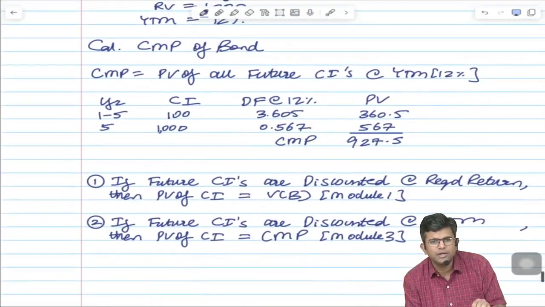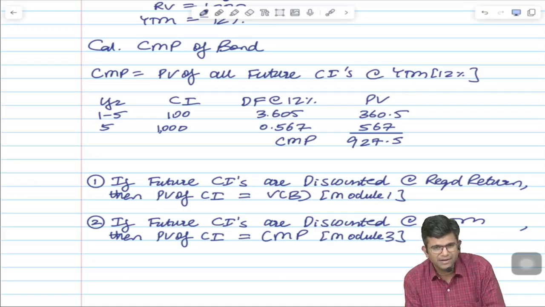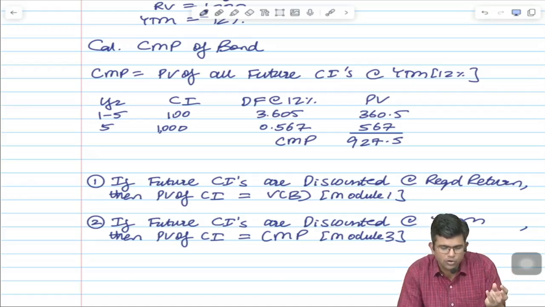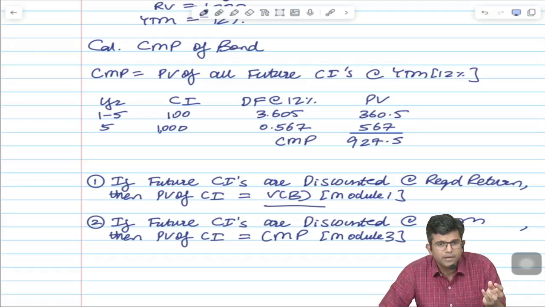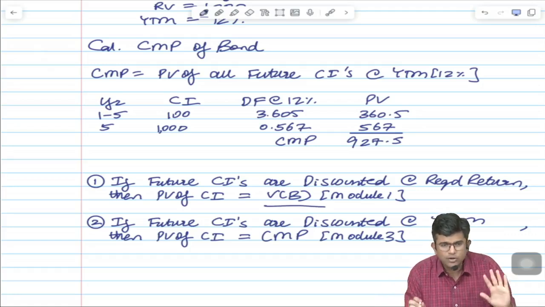I hope you realize calculation wise module 1 and module 3 are the same. The only difference is conceptually you are taking a different discounting rate. In the first module you took a discounting rate which was your required return, and the present value you got was the theoretical valuation. But now in module 3 you are taking not the required return, you are taking the actual return, the IRR, the YTM. That much you all understood.